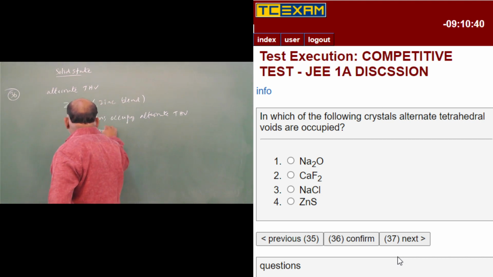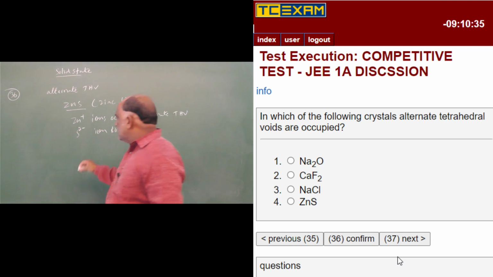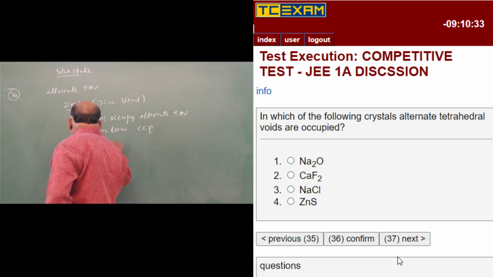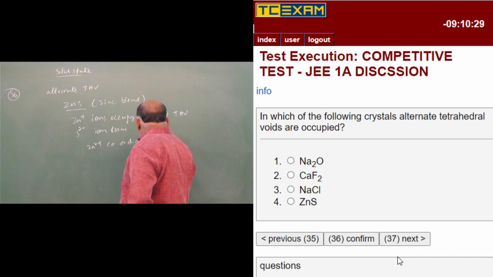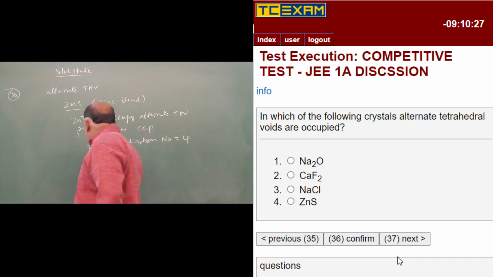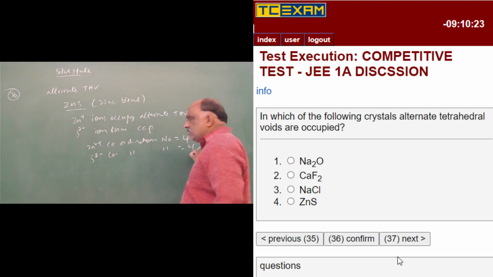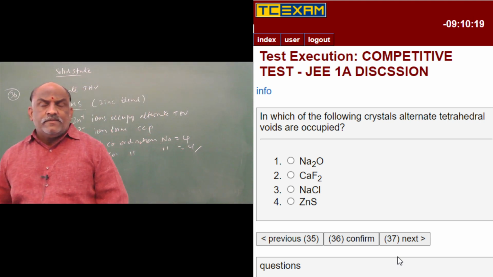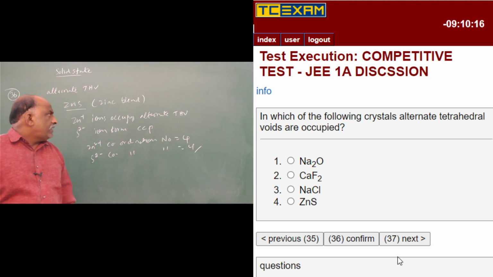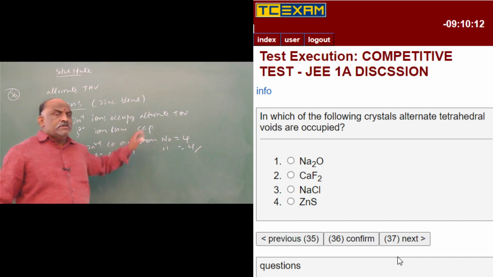S2- ions form CCP. So the Zn2+ coordination number is 4, and the S2- coordination number is also 4. This is zinc blende, very very important. In zinc blende, Zn2+ ions occupy alternate tetrahedral voids, and the anions form a CCP crystal lattice.